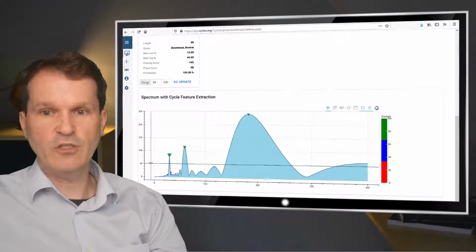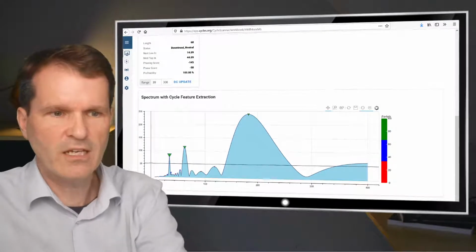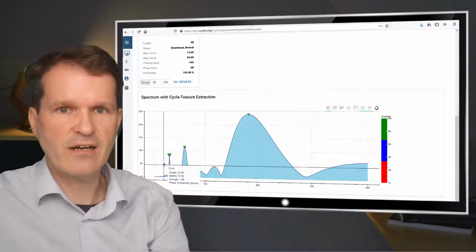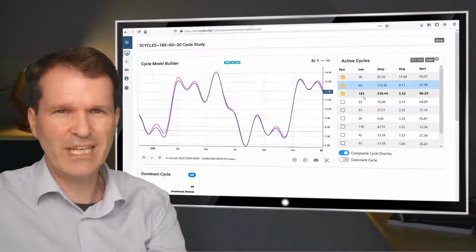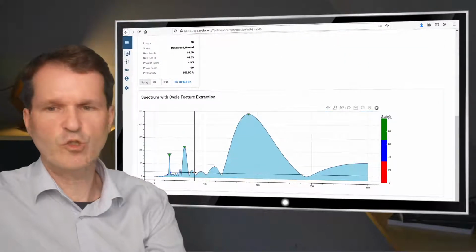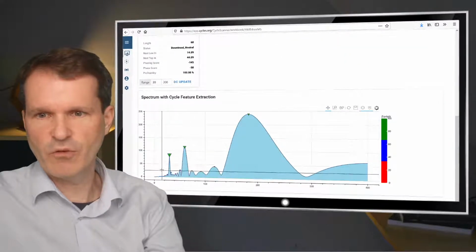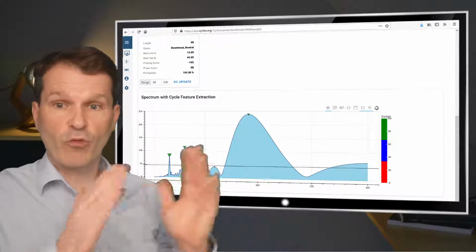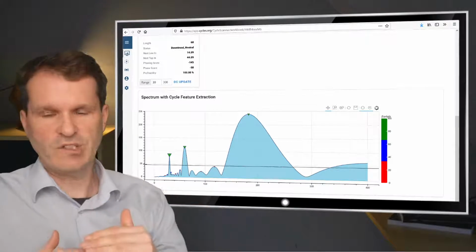You don't need an algorithm to do that. So there are just 3 cycles in this data set. Just from looking at the table, all the other cycles listed are just small peaks in the overall analysis, and you can easily differentiate the 3 real cycles from the false cycles.